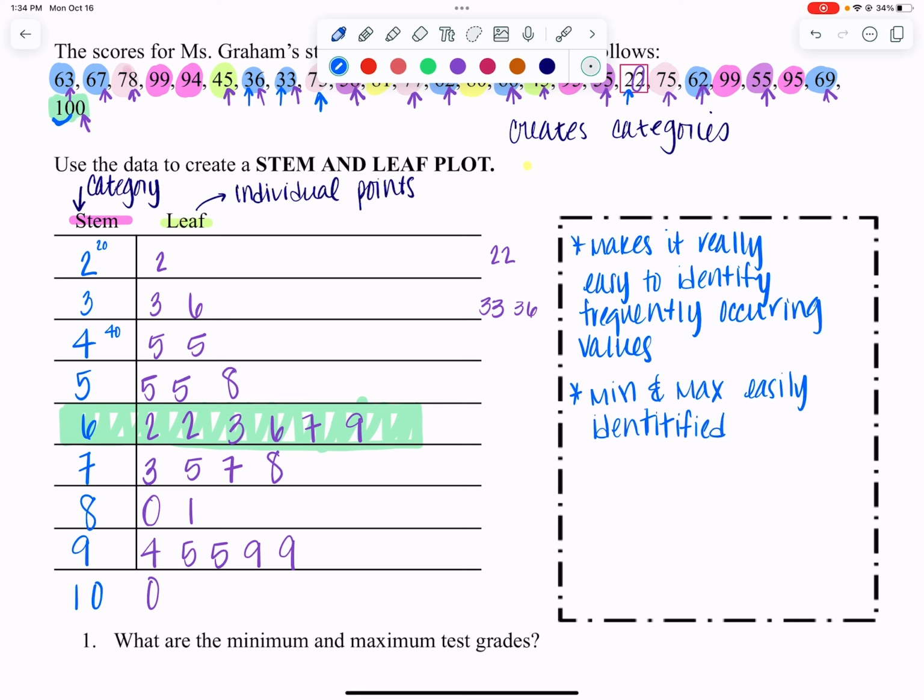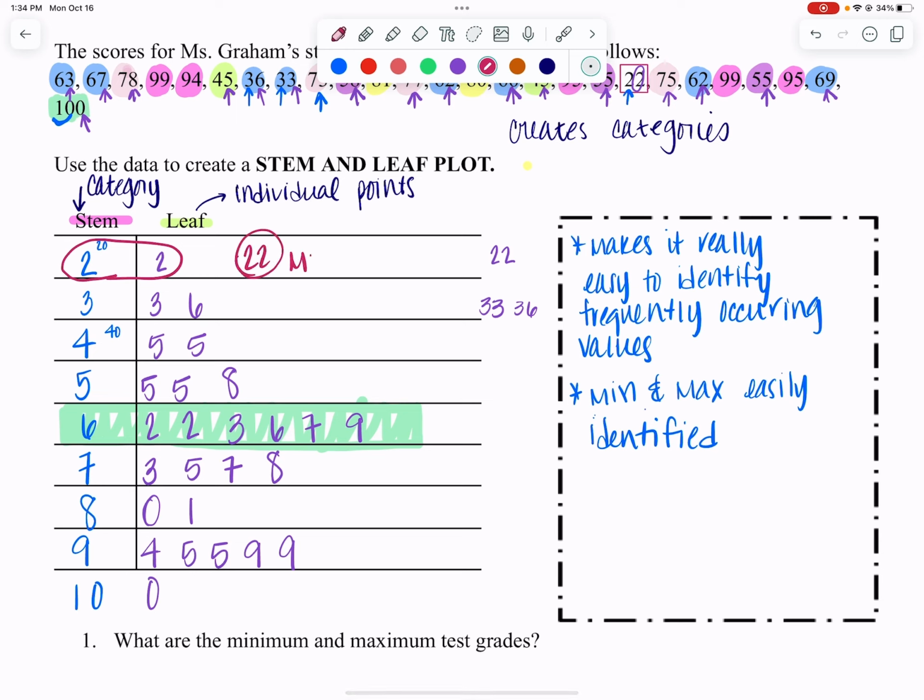That looks weird. Much better. So to get my minimum value, I go to the first number in my stem plot. It's a 22.